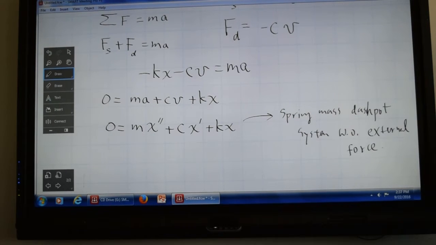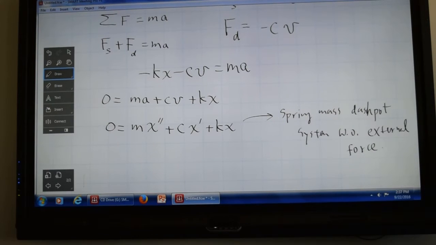There is a vibrations course that you take as an engineer, and in that course you'll be solving this equation many times. The reason is, although we're just talking about the spring mass dashpot system, any kind of vibration is similar to this.